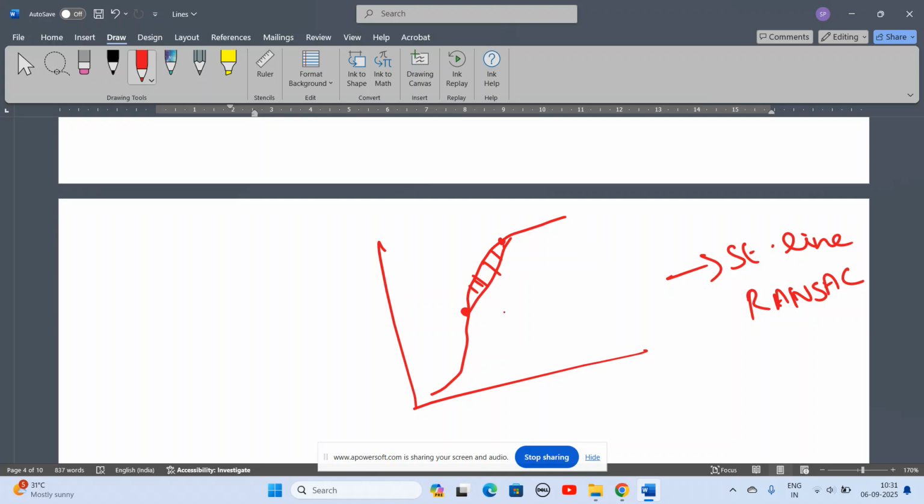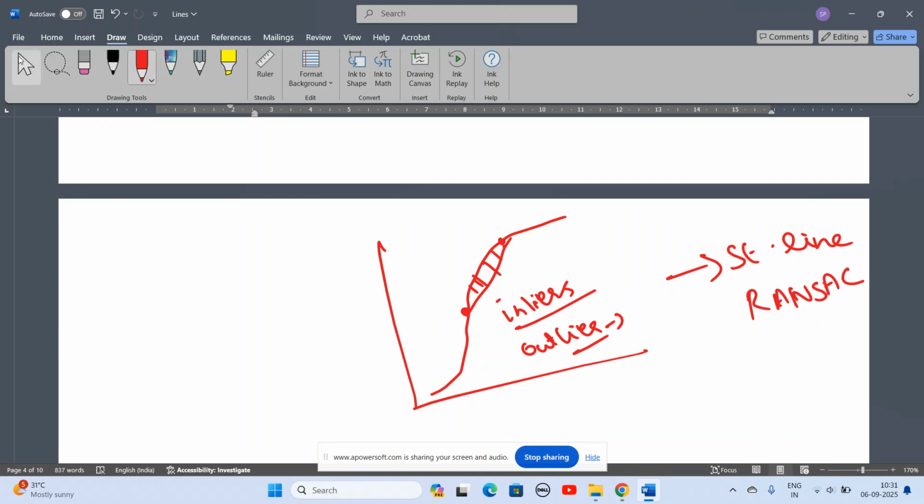We'll find the inliers. Inliers are the points which fit to be on the edge. The points which do not fit the line are known as outliers. Outlier concept we know: outlier means data which is not suitable for machine learning training. An inlier is just the opposite of an outlier.